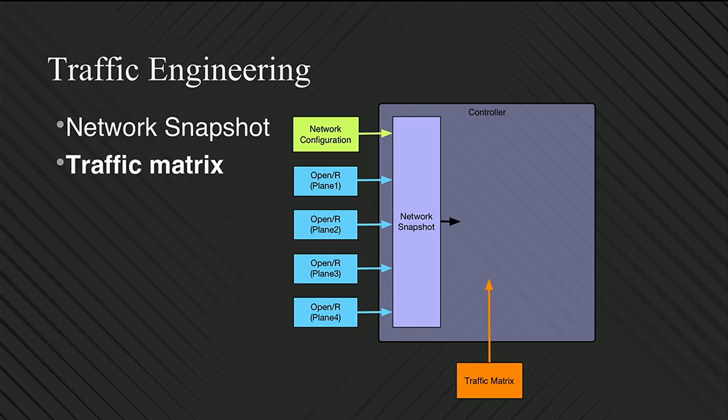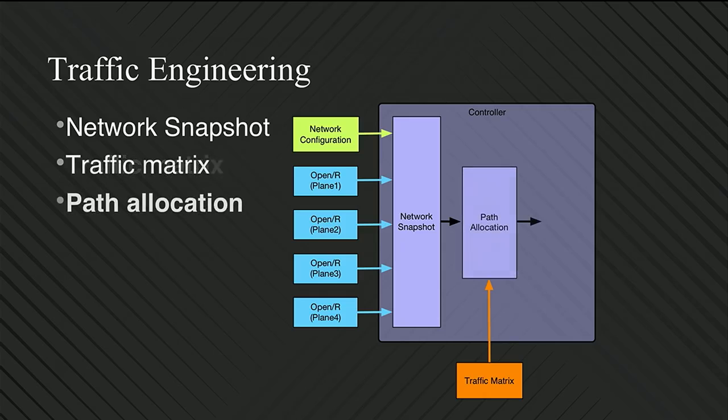Then we have a traffic matrix that describes all traffic demand between all sites in the entire network from the S-flow collector. These two are fed as input to the path allocation module, which is an algorithm that devises a strategy to carry the current traffic demand using the current usable topology.